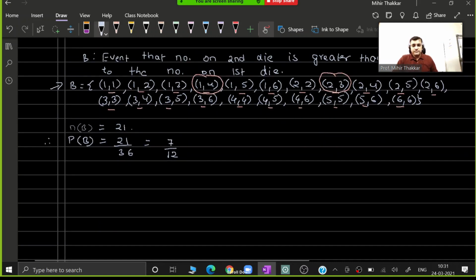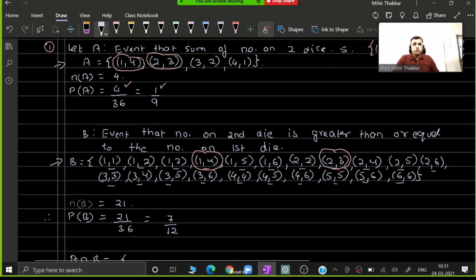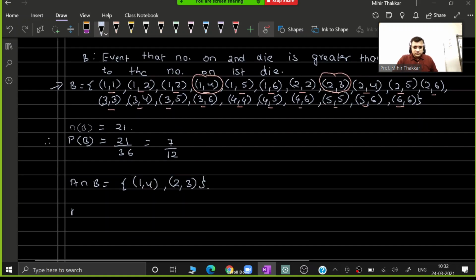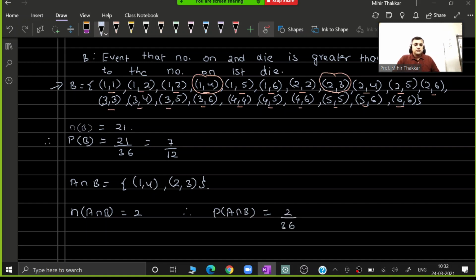Therefore guys, here A intersection B has also to be considered. You cannot ignore the common elements. So I will write over here 1 comma 4, 2 comma 3. Therefore n of A intersection B is just 2, and therefore probability of A intersection B you can easily get 2 by 36, which is 1 upon 18.